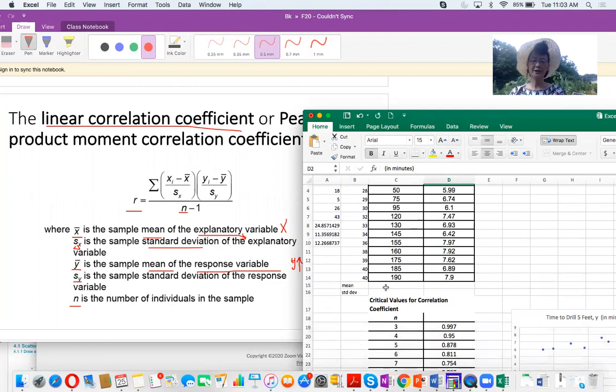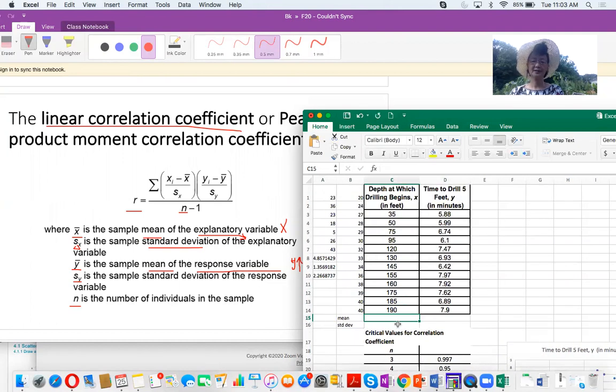So what is the mean for X? You just need to do the average, okay? So equal average this number. So the average is 126.25 feet. Okay. Do the same thing for Y. I just copy down the formula. The average for Y, 6.98. Okay.